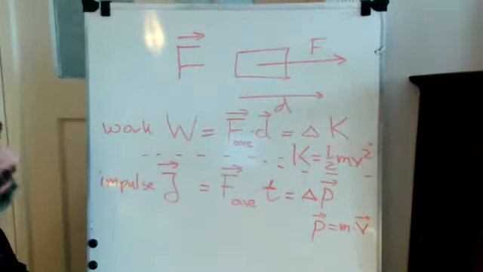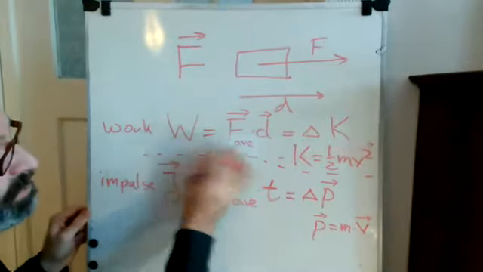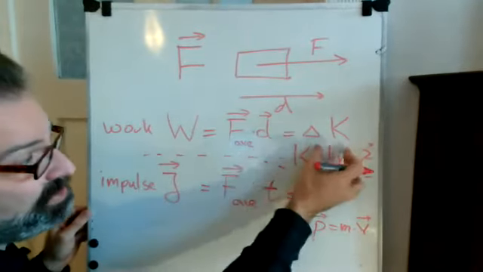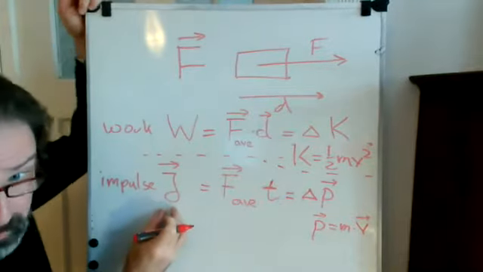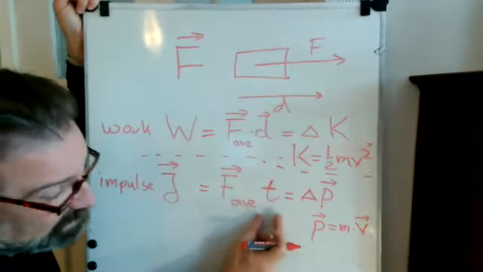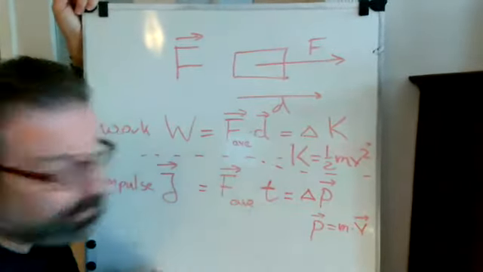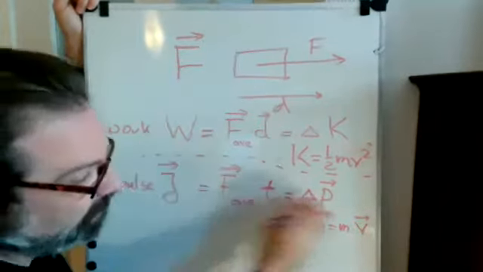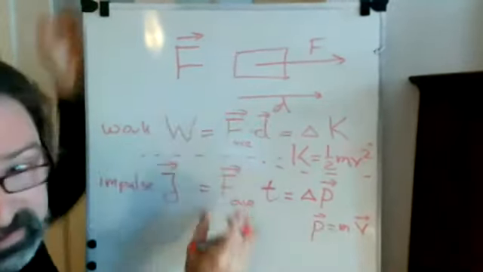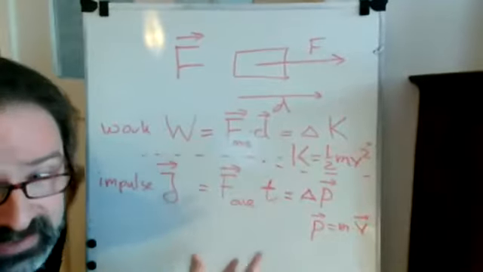So work, which is a force for a distance, changes kinetic energy. And impulse, which is force for a time, changes momentum. So the two concepts are working hand in hand. They're really the same thing.